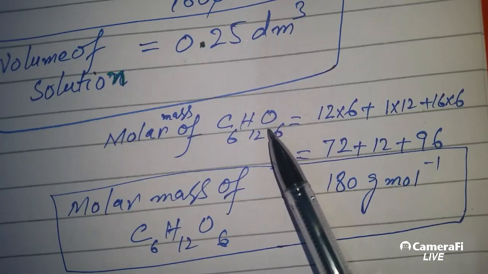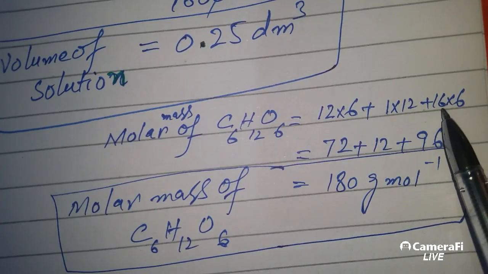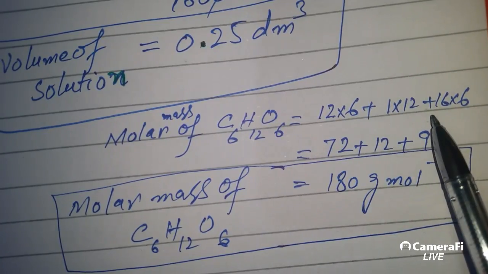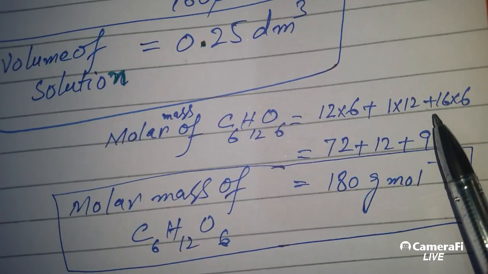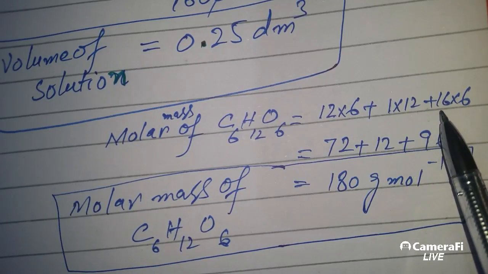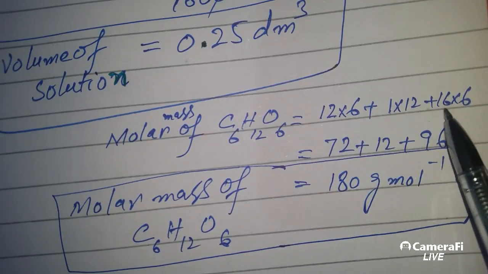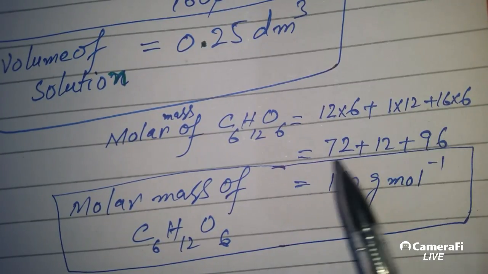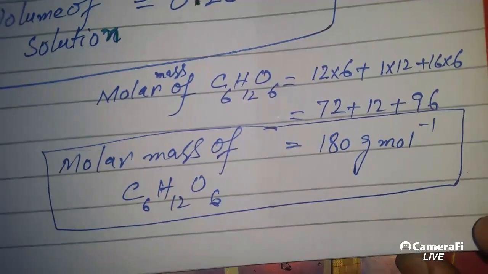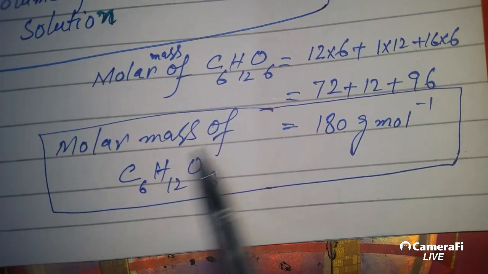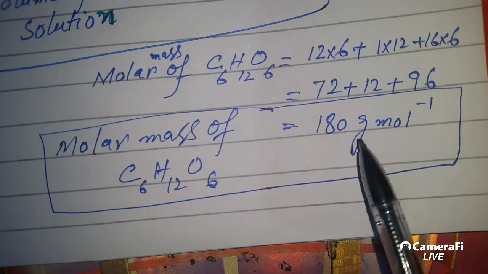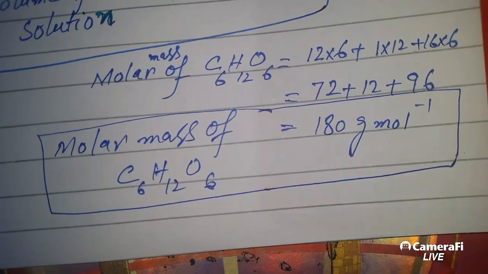Similarly, the atomic mass of oxygen is 16 and we have 6 atoms of it, so we will multiply 16 by 6. After calculation, we get the molar mass of glucose as 180 grams per mole.